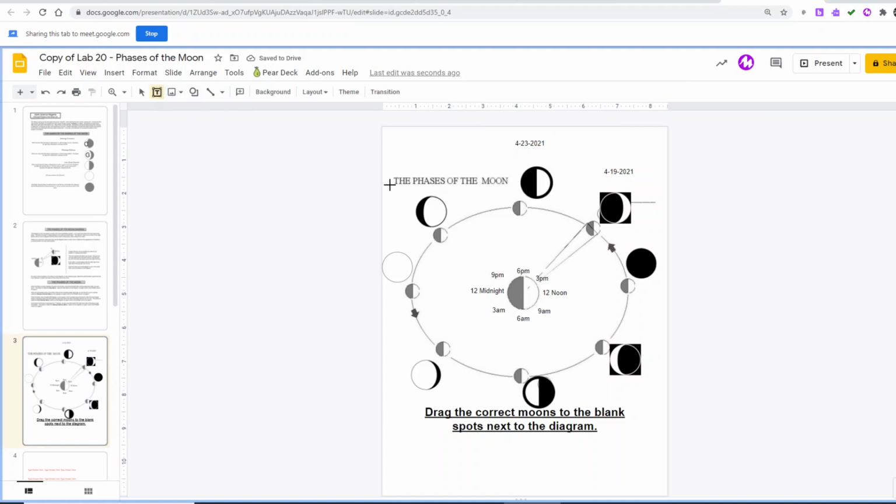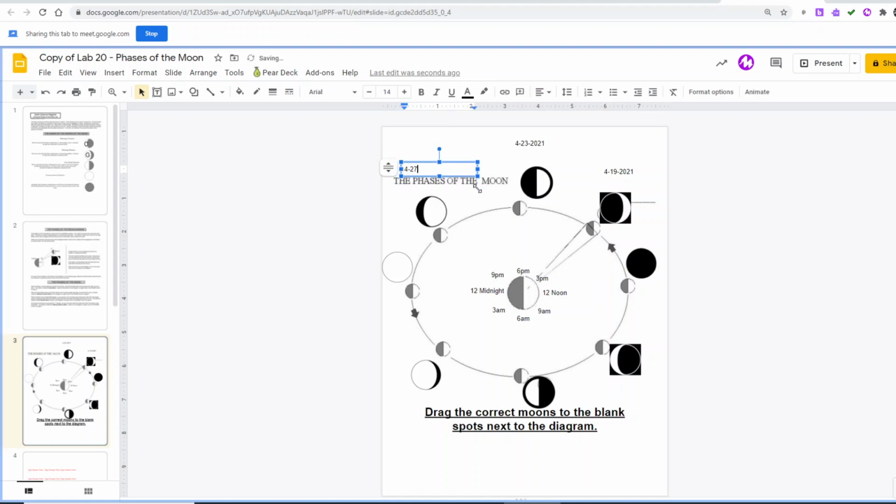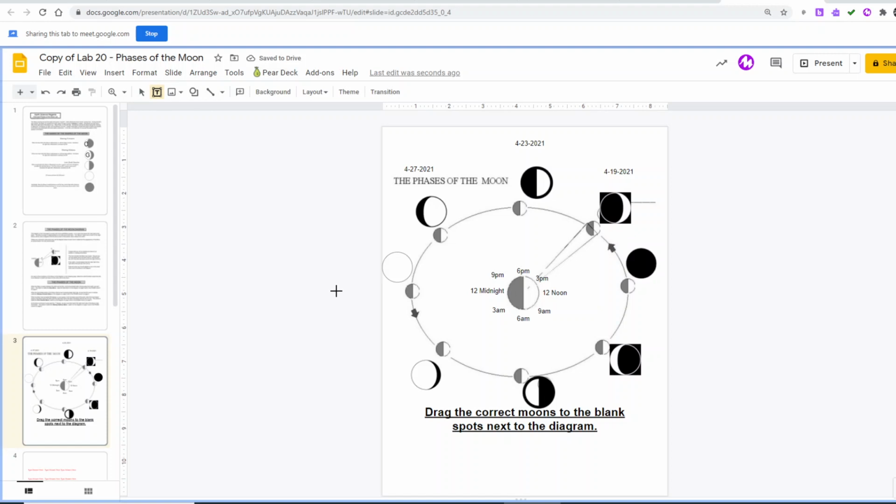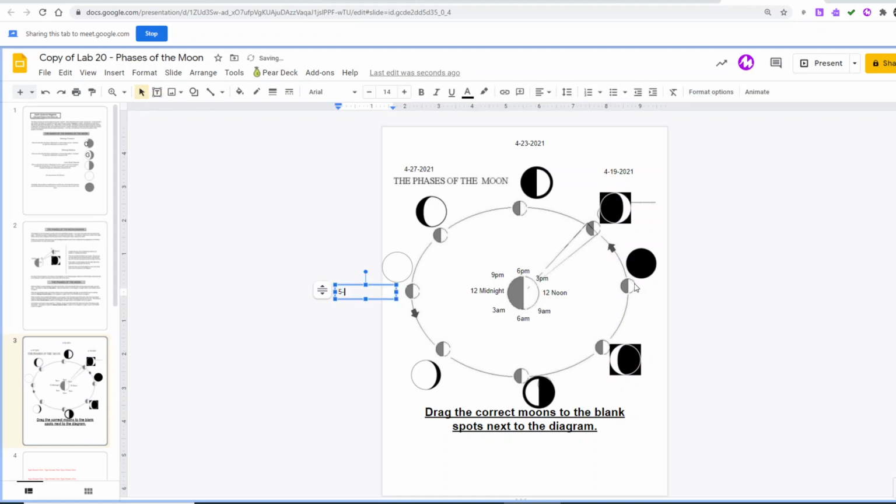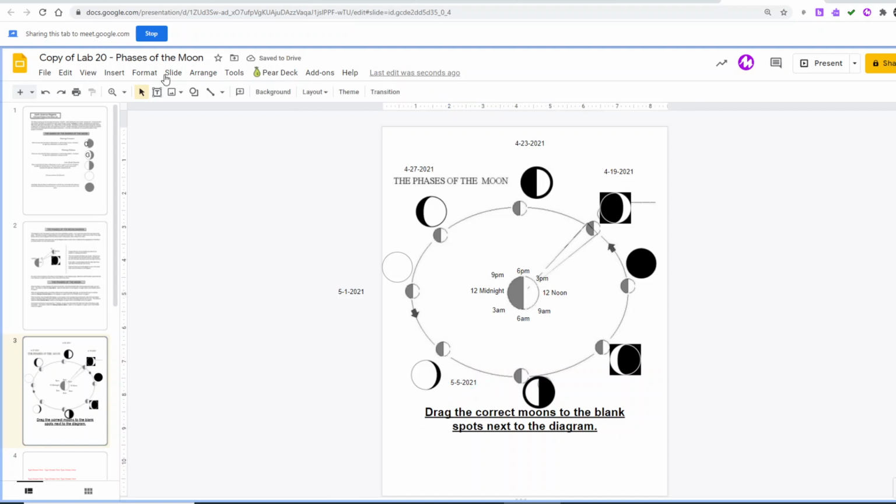Let's add another 4 days. That would make this day 4/27. Let's add another 4 days. This would be 5/1. Add another 4 days, 5/5. Add another 4 days, and you just keep going through.